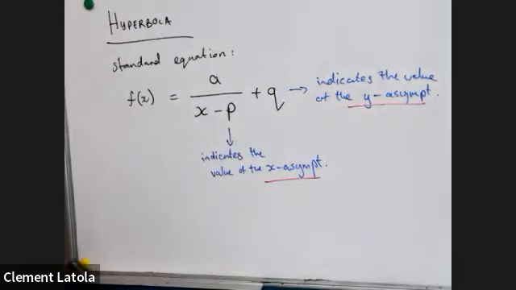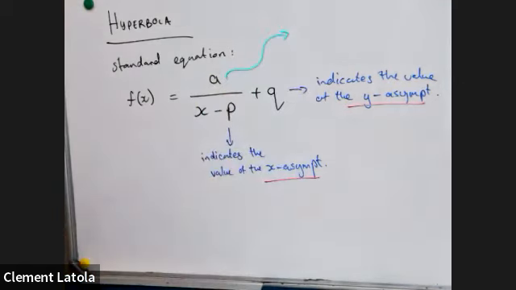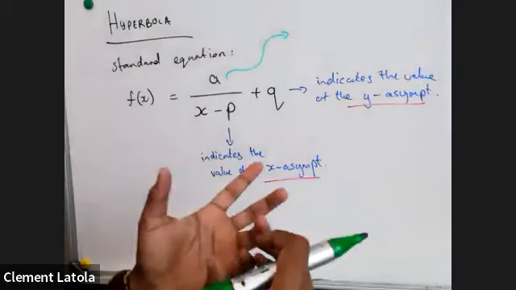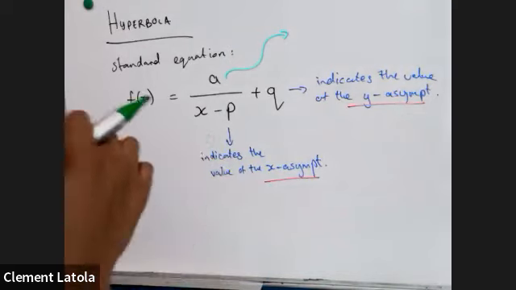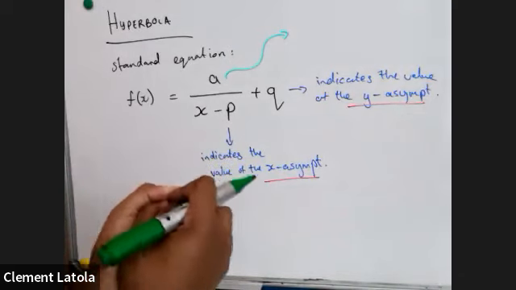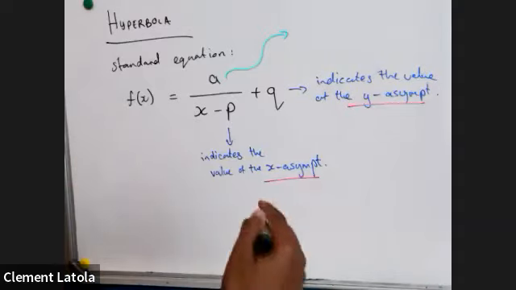And then A's value, in the same way we did with the parabola, A just determines the shape, whether it's going to be in the first and third or the second and fourth quadrants. But we can work out A by just substituting a point. So it's the same as what we did with the parabola function.